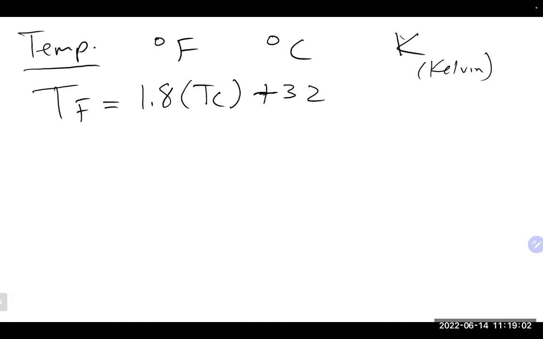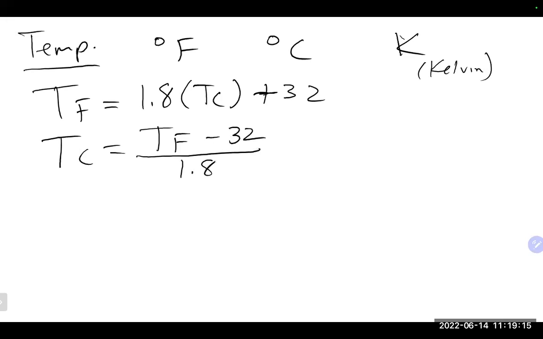To go from Fahrenheit to Celsius, the temperature in Celsius would be the temperature in Fahrenheit minus 32 divided by 1.8. Truth be told, not so much happening here with these two. Occasionally they do come up, but we don't do a lot of degrees Fahrenheit or degrees Celsius here in chemistry. It is really this guy that we use a lot.